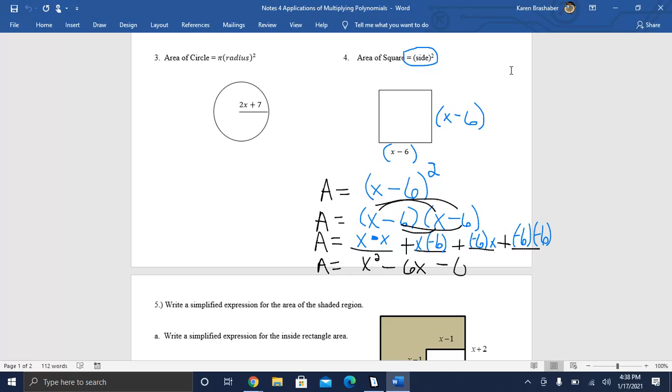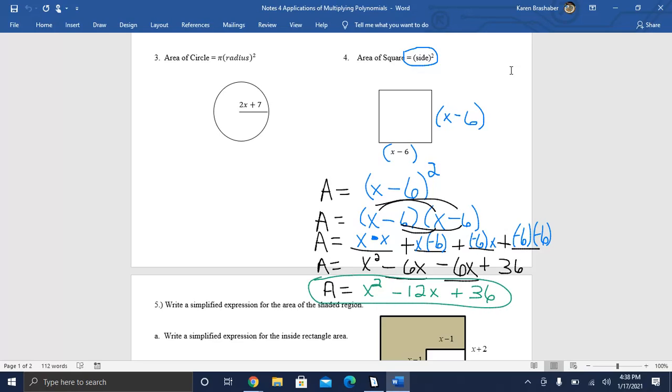I'll get negative 6x, and then I'm taking negative 6 times negative 6, and that is positive 36. So once again, I have like terms. They will combine, and our final answer for the area is x to the second minus 12x plus 36.